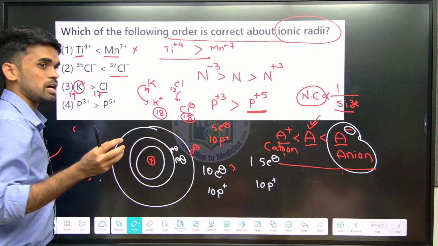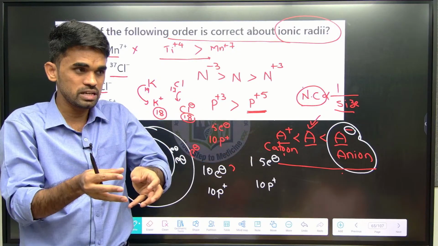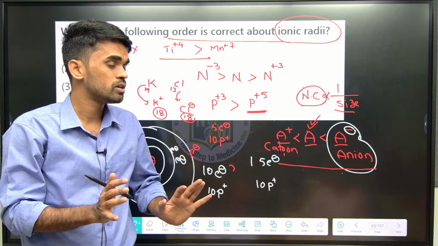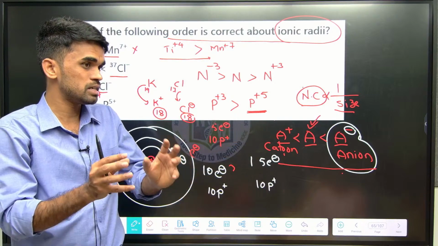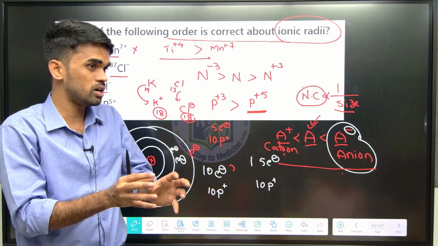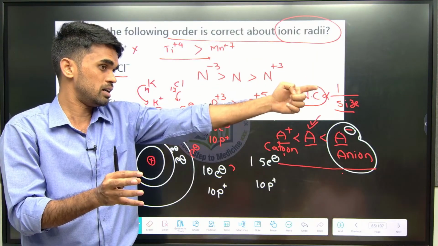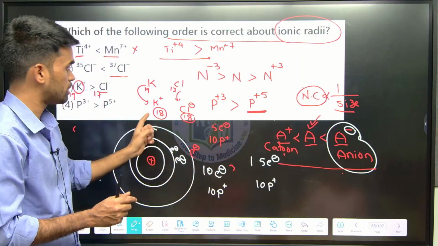So if we are comparing different species having the same number of electrons, we should call them isoelectronic species. What is that? Isoelectronic. So for isoelectronic species, which means species with the same number of electrons, for anions, the greater the anionic charge, the greater its size. Okay, now tell me, out of these two.